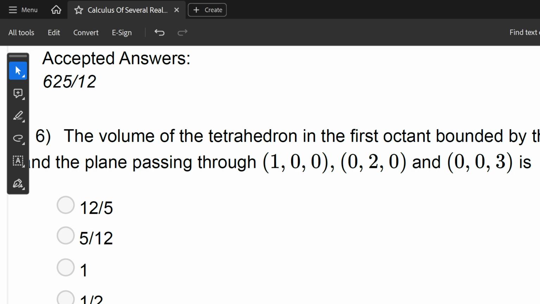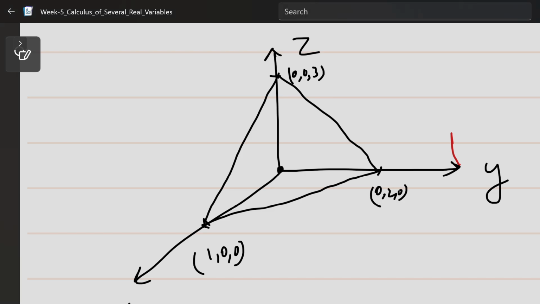So the volume of a tetrahedron in the first octant bounded by the coordinate planes and the plane passing through 1, 0, 0, 0, 2, 0 and 0, 0, 3. Now you have to tell me the limits. That is the most important thing in any multiple integral. What is the equation of the plane? It is x by 1 plus y by 2 plus z by 3 is 1, right?